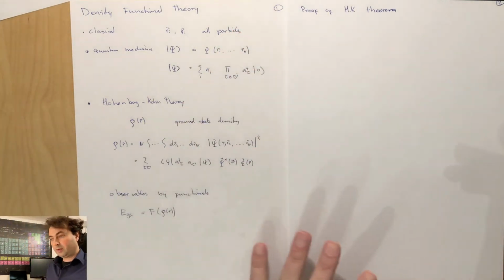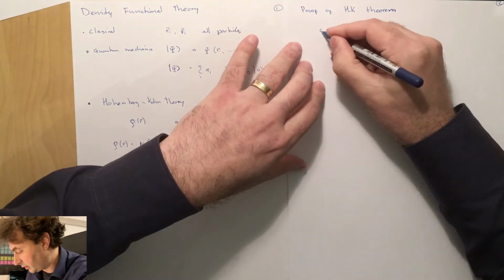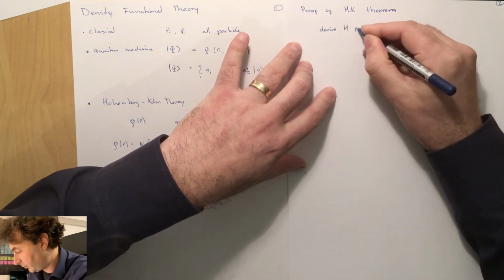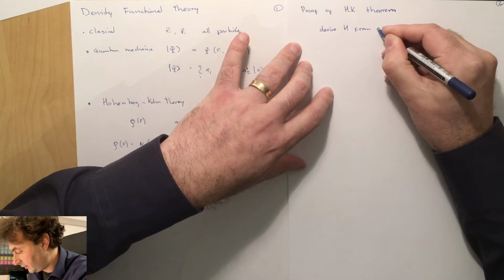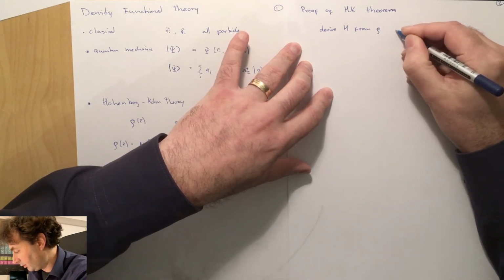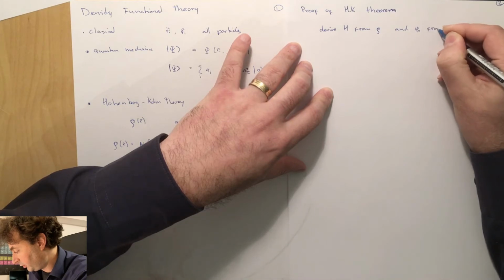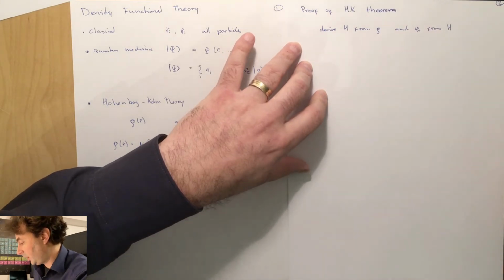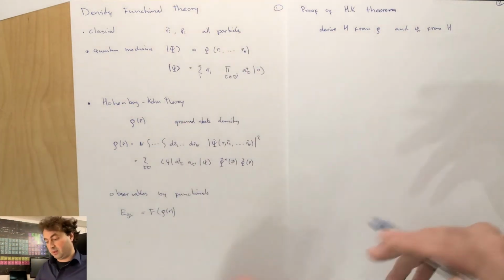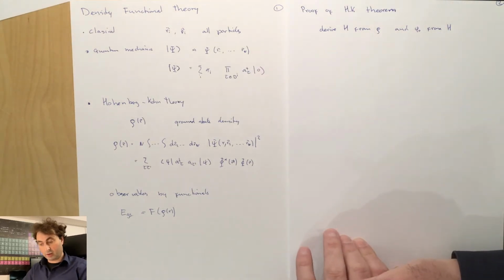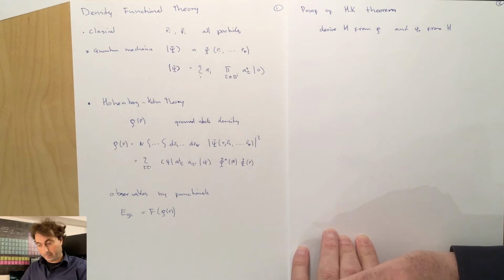So the idea of the theorem is that we are going to derive the Hamiltonian from the density and the wave function from the Hamiltonian. And when we have the wave function, the system is uniquely determined, because that's how we defined previously a quantum state.